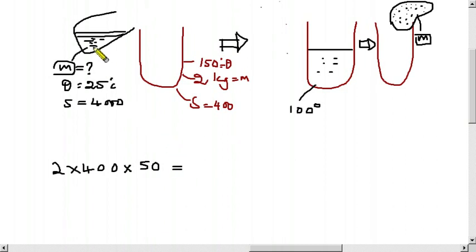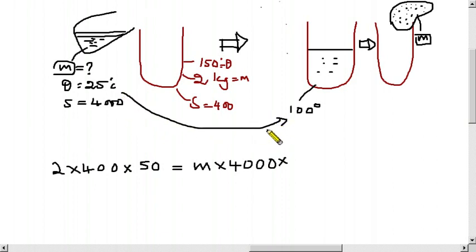So who is absorbing heat? Water. Then ms theta up to this level. After that we write the ml term, but we are now writing only up to increase its temperature to 100, not beyond that. So m we don't know, so we write m. s is 4000 times 75, 25 to 100, 75.